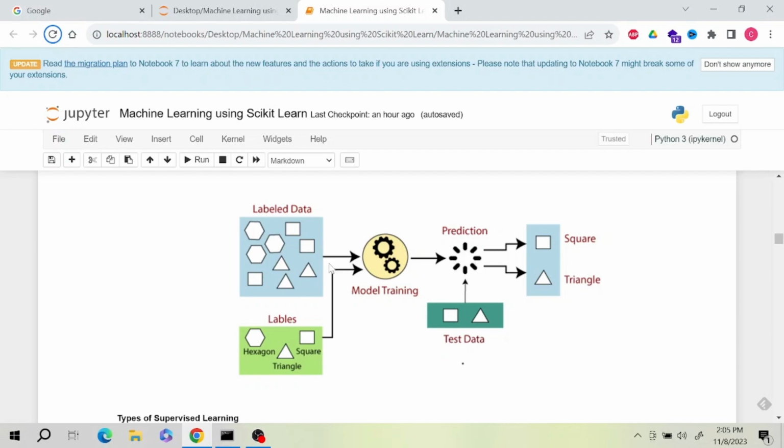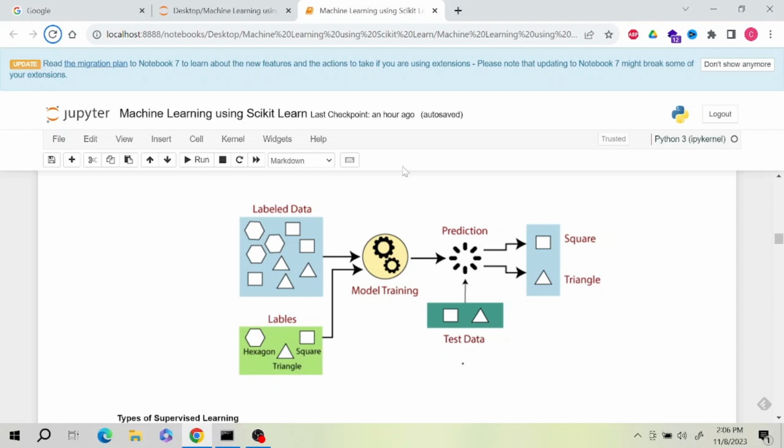That model means it learns the rules, right? We gave it data and also told it which shape is what, so it learns that and builds the model. After that, if I give a new example of square and triangle, then our model should be able to recognize that this is square and this is triangle.